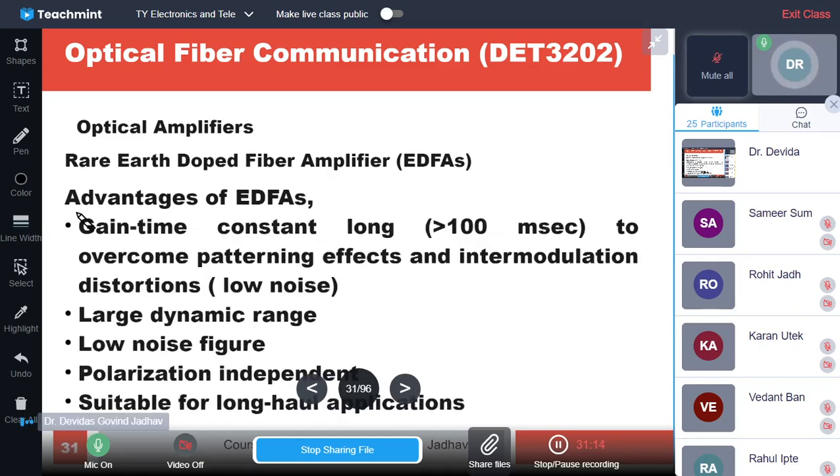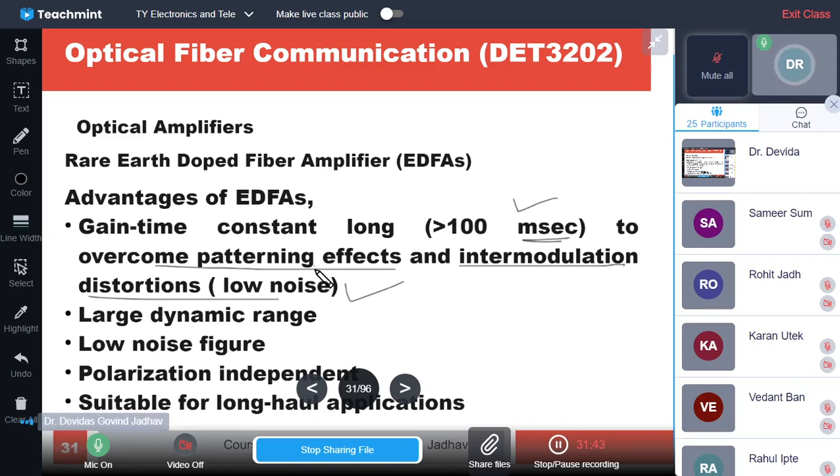The advantages continue. The gain time constant is long, more than 100 milliseconds, to overcome the patterning effect and intermodulation distortions, that is, low noise. So the gain time constant is sufficiently large, and for a long time it is providing the process.